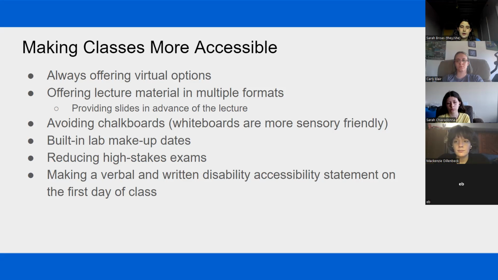Here's a big one that we'll be talking about a little bit later, which is reducing high stakes exams. So what is a high stake exam? It's one where the majority of your grade or the majority of your score is relying on one exam instead of multiple. So the SAT is a really good example of a high stakes exam.